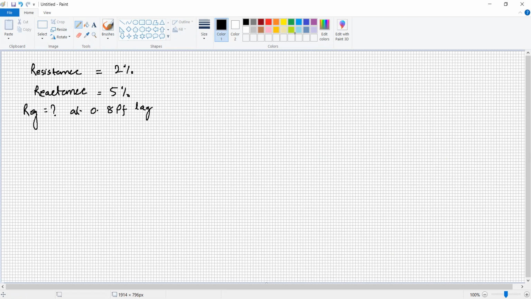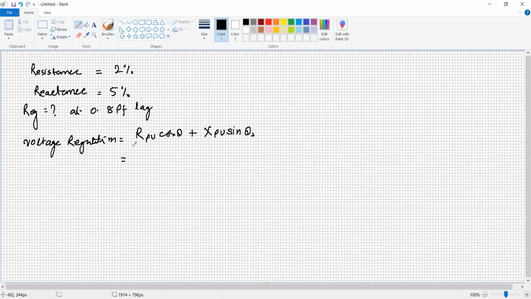Here the percentage resistance and reactance is given. In the previous lecture, we found voltage regulation can be written as resistance per unit cos theta plus reactance per unit sin theta, with the positive sign for the lagging power factor.